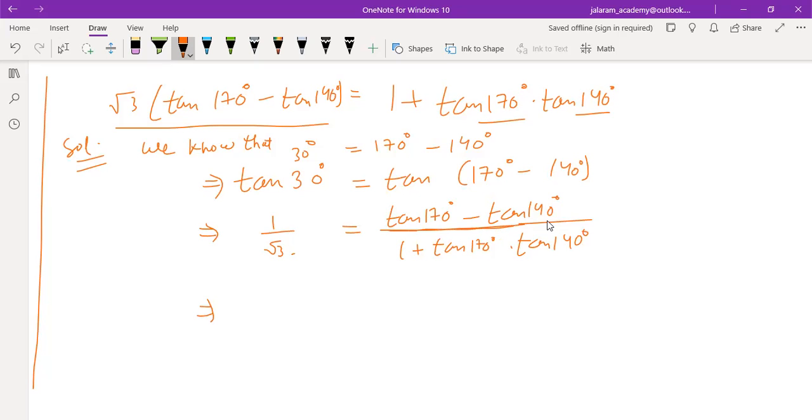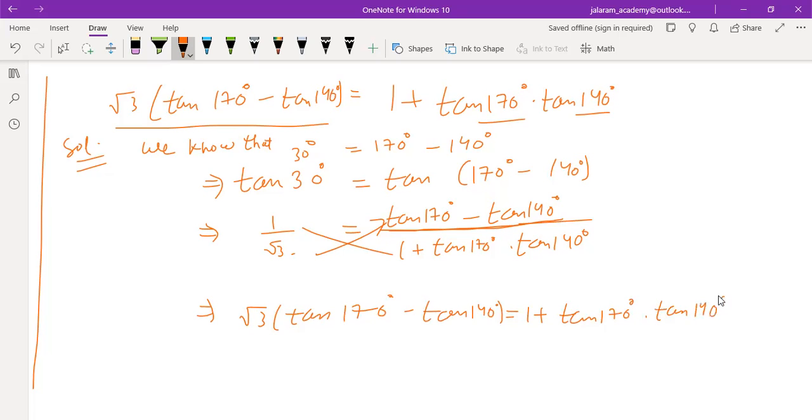So root 3 into (tan 170 degree minus tan 140 degree) equals 1 into this, so 1 plus tan 170 degree into tan 140 degree. Hence proved.